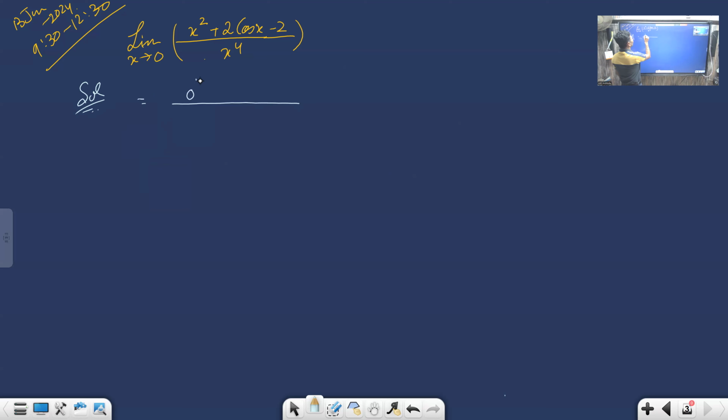So I put 0 squared, I put 2 into cos 0, minus 2 divided by 0 to the power 4. Very good. Cos 0 is 1. What do you get? 2 minus 2 divided by 0, that is 0 upon 0. Sir, not allowed.